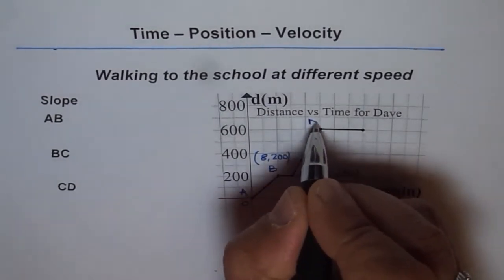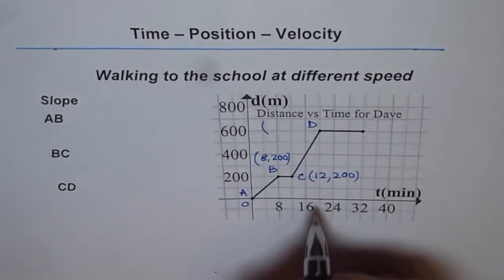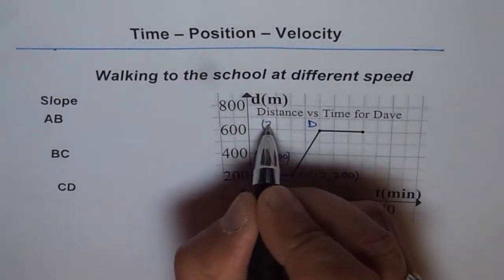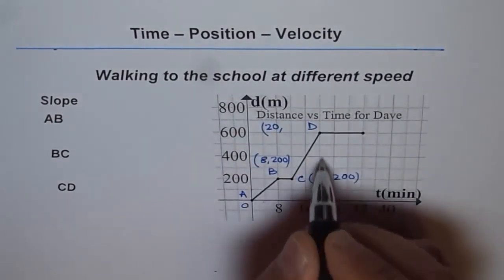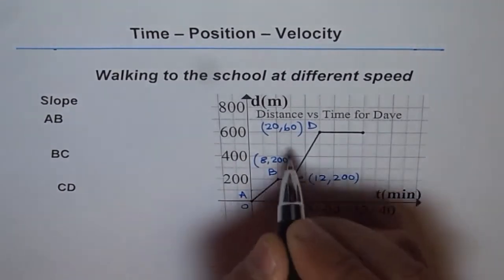How about position at D? Position at D can be time. Time is this much, which is 4, 8, 12, 16, 20, and the distance, which is 600. Okay, 600.